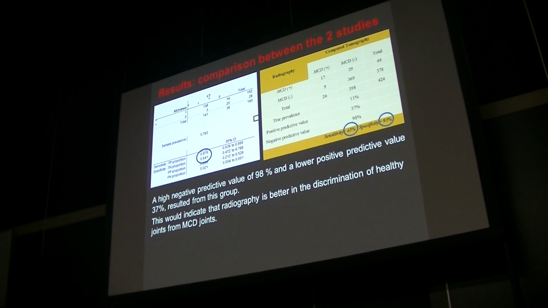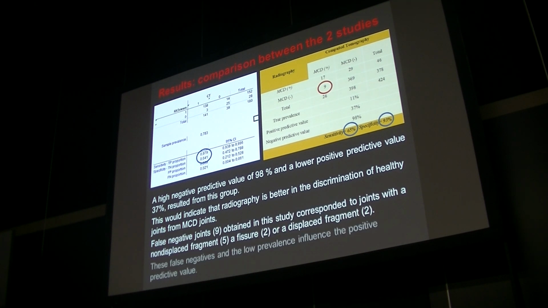So what we can conclude is that radiography is better in discrimination of healthy joints from MCD joints. If we look at this number of elbows, they are negative on the radiograph, negative on MCD. So it's quite good in distinguishing healthy from diseased elbows.